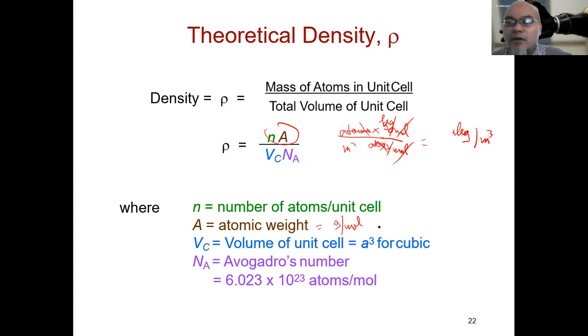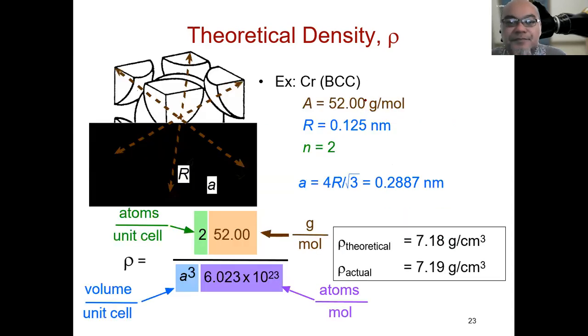Since it is per mole, we have to find how many gram per atom. To find how many gram or kilogram per atom, we have to divide the A with the Avogadro's number. And then we divide by the volume per unit cell. Clear, yeah? This theory, yeah? I hope everyone understands this formula.